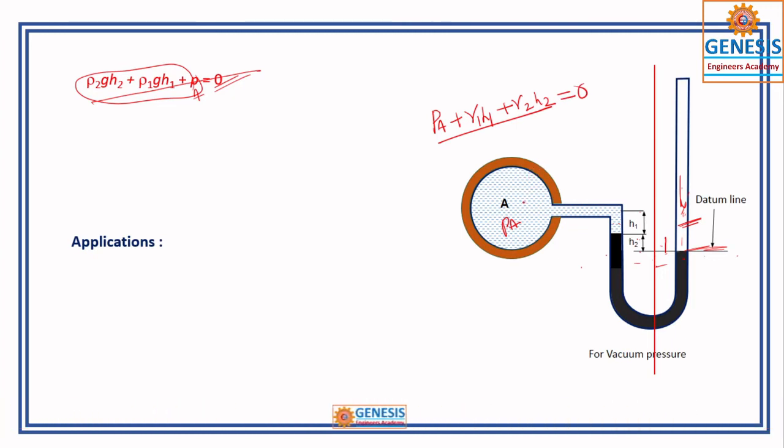So from these examples, you might have observed that you have to take these heights from the datum line, and also use this left and right to bring it to equilibrium. For equilibrium, left must be equal to right.